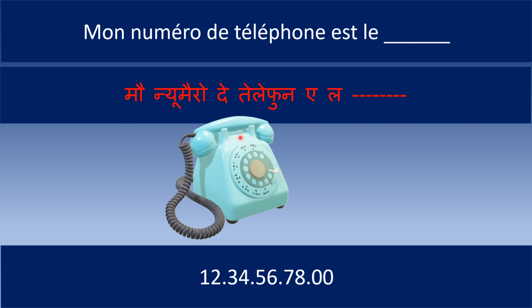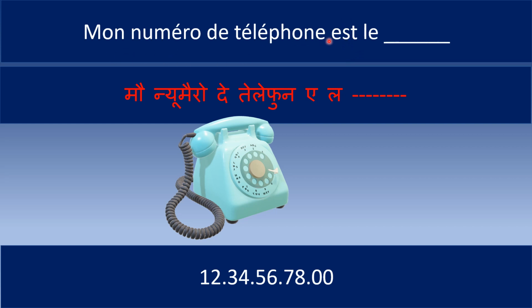Okay. So the answer to the question is mon numéro de téléphone est le. Mon is my, numéro is number, de téléphone is of telephone, est is, le. Now this le, right now you learn the format like that only, because slowly, gradually you will come to know where this le is coming from, where this est is coming from.